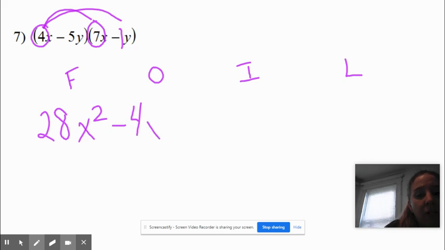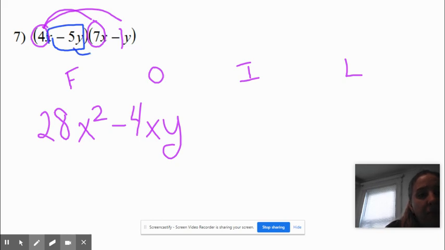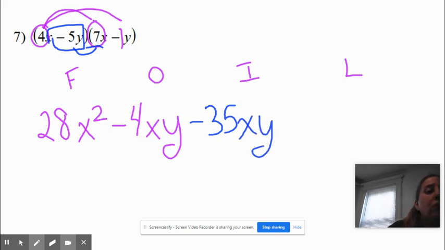X times y is xy. -5y times 7x. Negative times a positive is negative. 5 times 7 is 35. Y times x, we go alphabetically, xy. -5y times -1y. Negative times negative is positive. 5 times 1 is 5. And we got y squared.